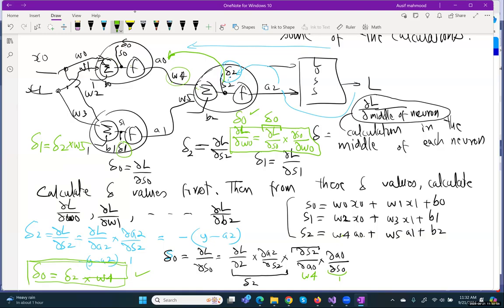If you go to the equation for S0, what is partial S0 with respect to W0? X0, okay? So this is simply multiplied by X0.